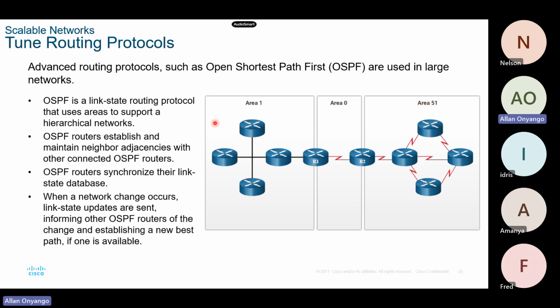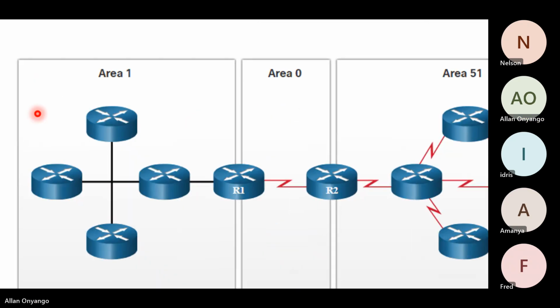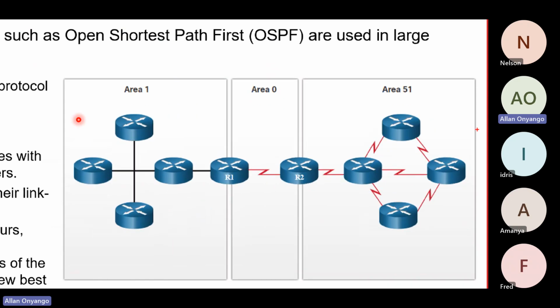And like I told you, OSPF, the Open Shortest Path First, is one of those protocols that can be used in very large networks. Why? Because as the number of OSPF routers increases, OSPF can actually be divided into different areas.